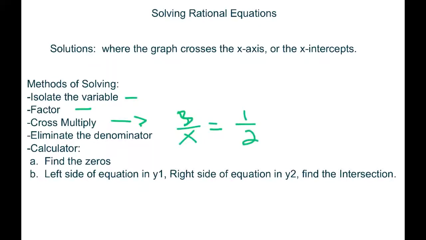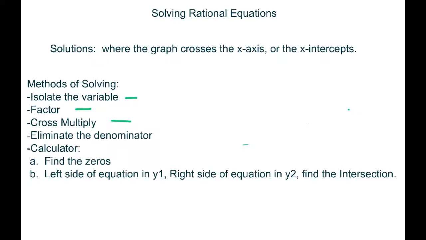So we cross multiply: you multiply one pair, put your equal sign down, then multiply the other two and set it equal. So just a few rules, because some of the mistakes that I see as students do cross multiplication, I just want to refresh everybody on that. So let's erase that and go on with our methods.